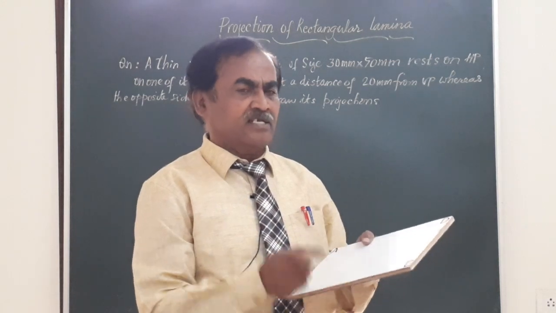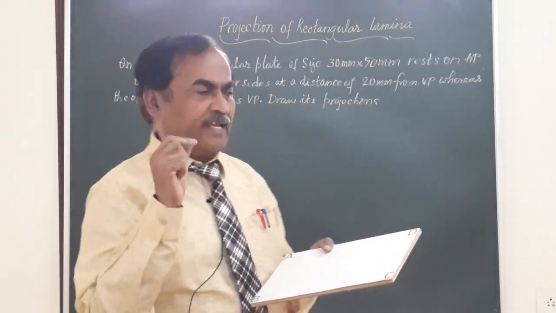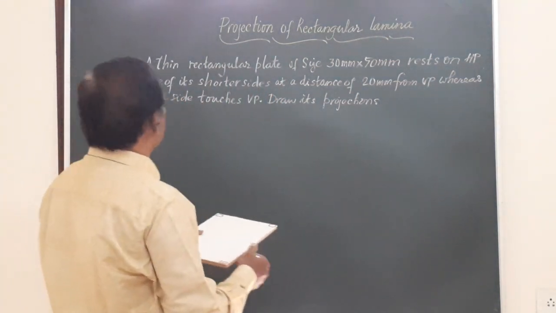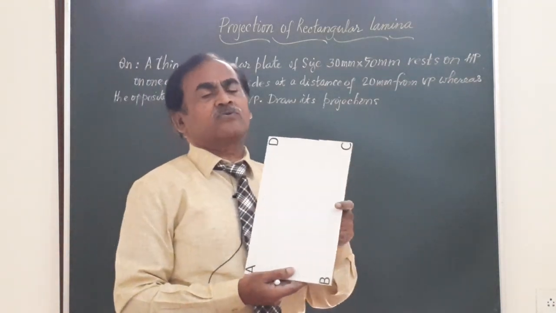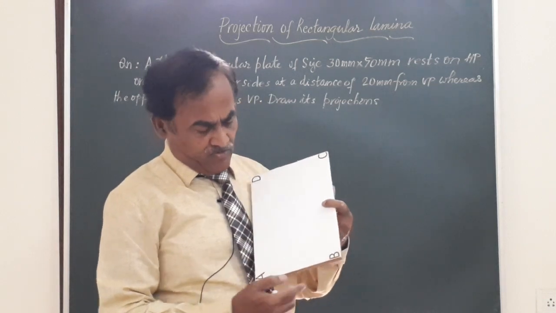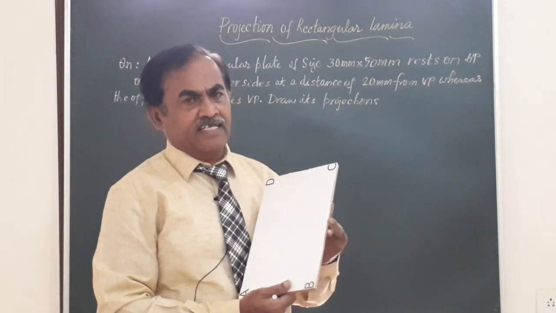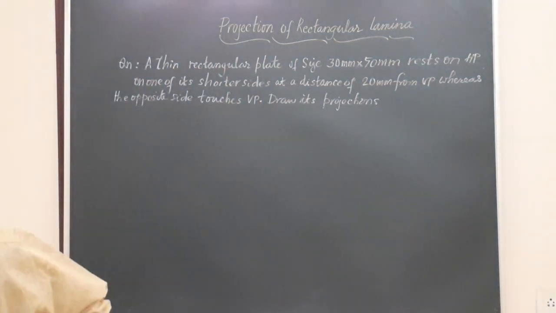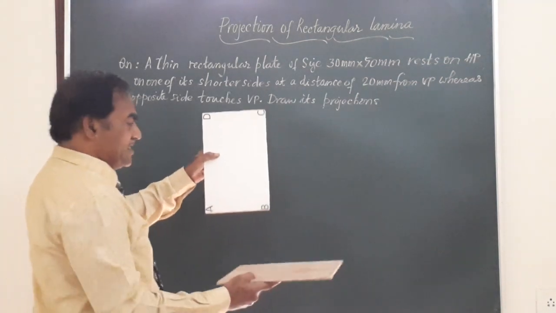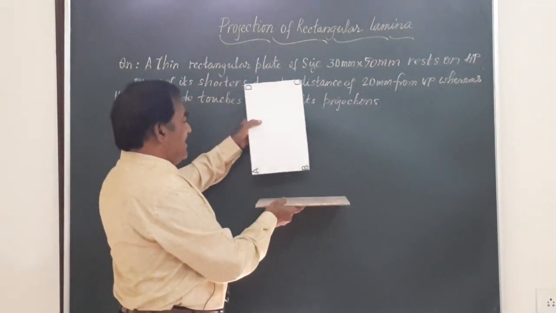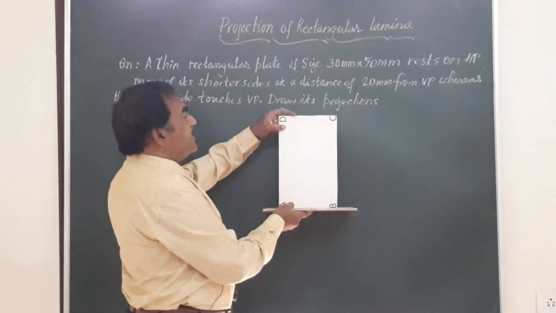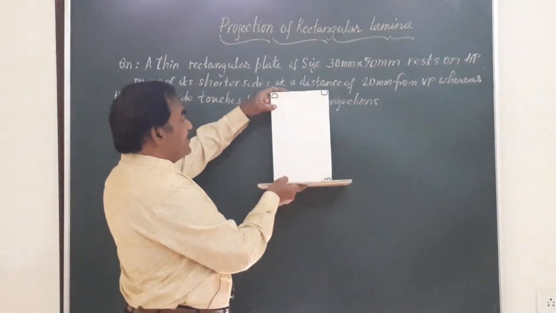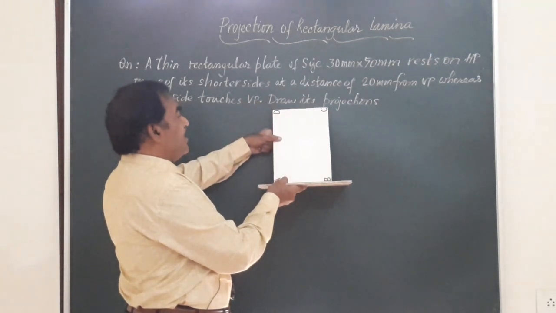He says this particular thin plate or lamina is resting on HP on one of its shorter edges. There are two shorter edges, my dear friends. One is AB, the other is CD. So, it is resting on HP, the horizontal plane, on one of the shorter edges, whereas the side opposite to that, CD, is touching the wall.